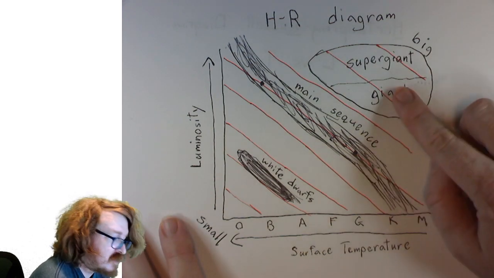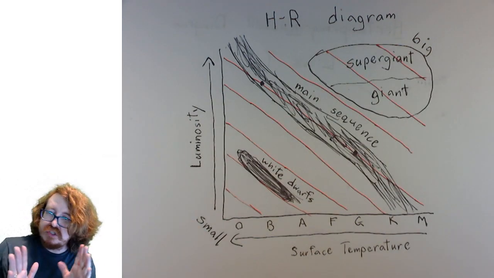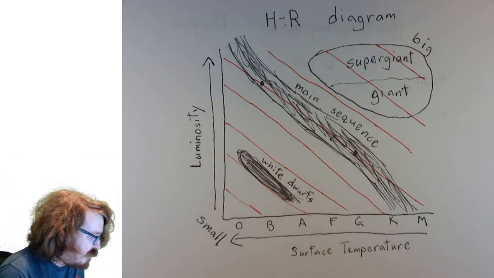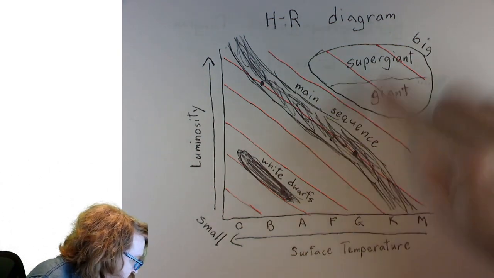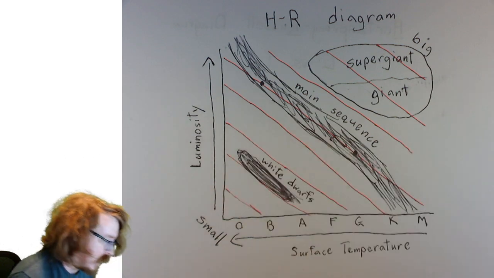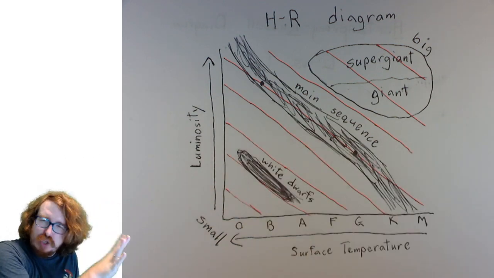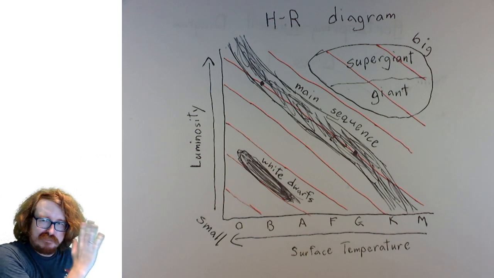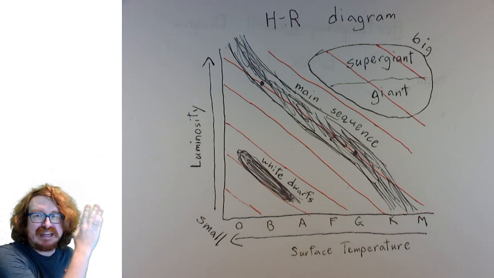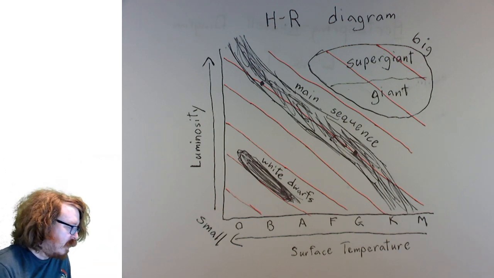Some of the main sequence stars become giants, some become supergiants, depending on certain properties we'll talk about. And then when a few of these stars fully die, one type of dead star you can become is a white dwarf. Okay? Don't worry too much about the life cycle stuff right now. That's coming in the next video, starting in the very next video.